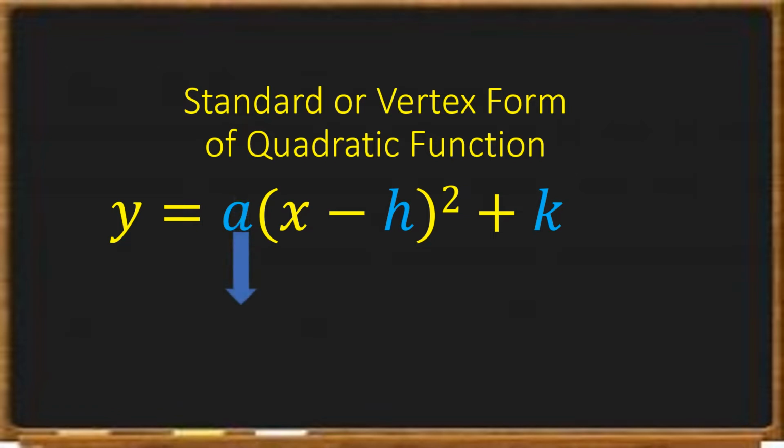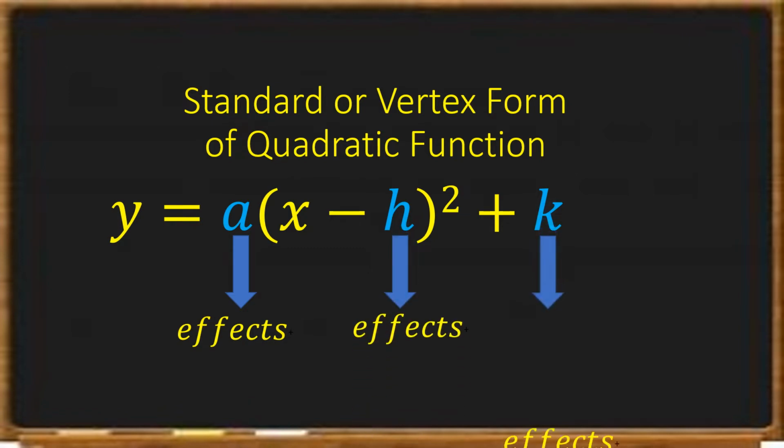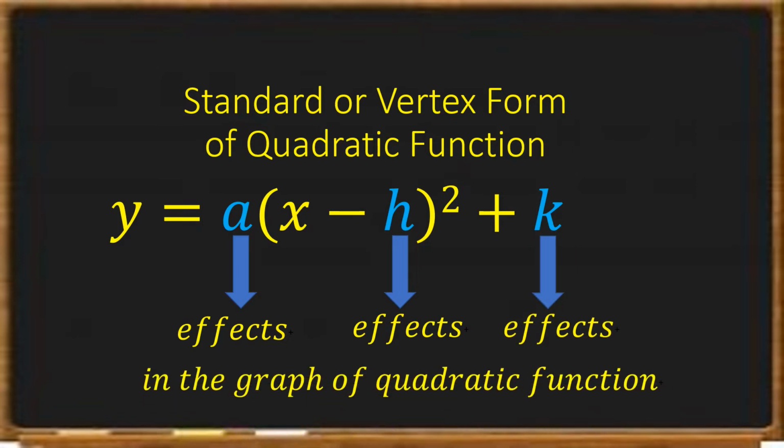What is the effect of this letter a, and what is the effect of this letter h, and this k, if we change their values in the graph of quadratic function, or what we call the parabola, because the parabola is the graph of quadratic function? Ano ang epekto niyan sa parabola na nag-graph natin kapag we are dealing with quadratic function?